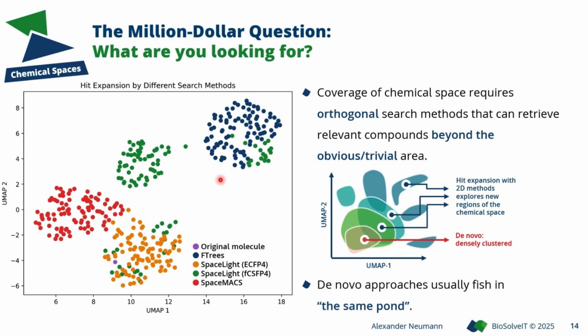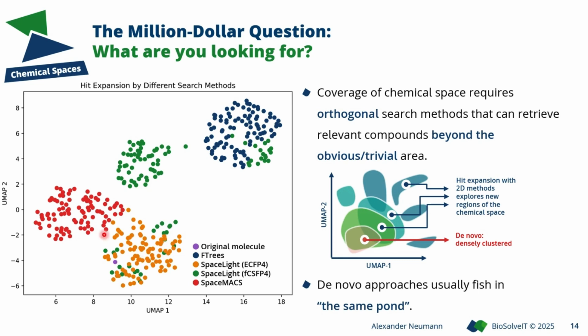And what's very important, this is what you have to engrave into your heart and mind: those structures, especially F-trees and SpaceMACS, and also the new fingerprint method that was developed for SpaceLight, ECFP4, they all retrieve stuff that you would miss otherwise with other methods.